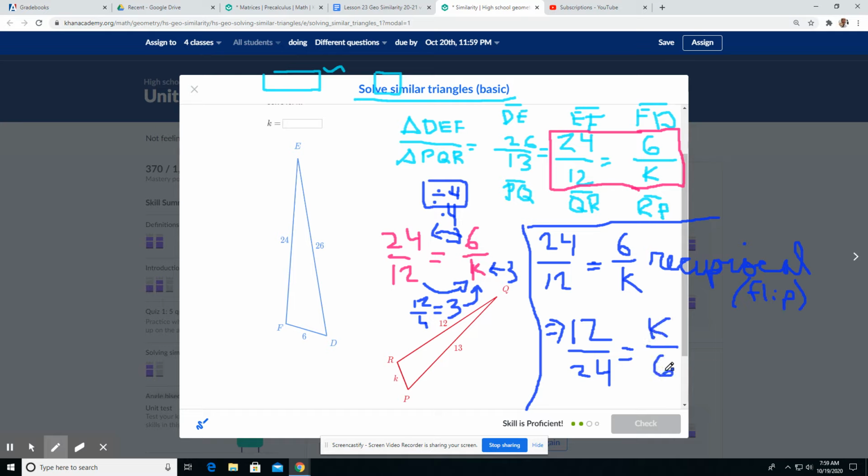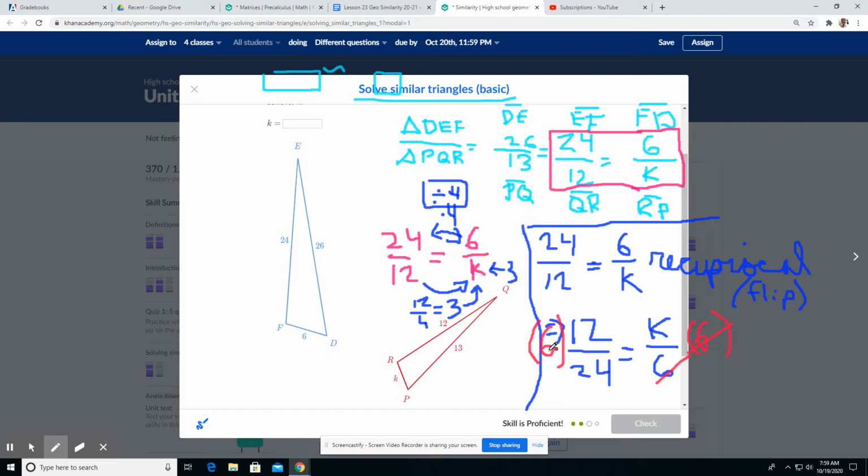The reason why I wanted to show this is a lot of students get stuck here. This is the easier example, because we're in reverse operations. What keeps K from being by itself? A divide by 6. What's the opposite of divide by 6? Multiply by 6. So multiply both sides by 6. The 6 and the 6 cancel.